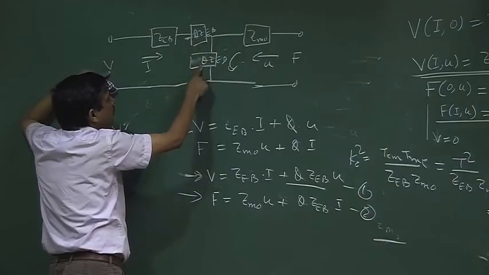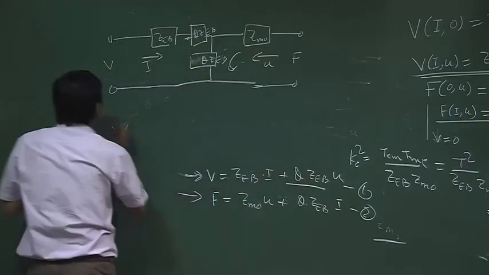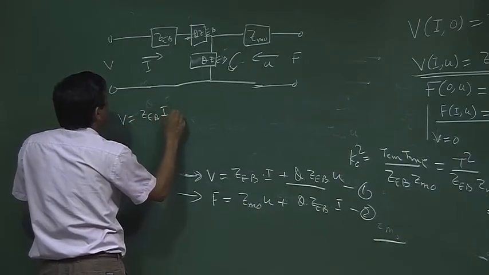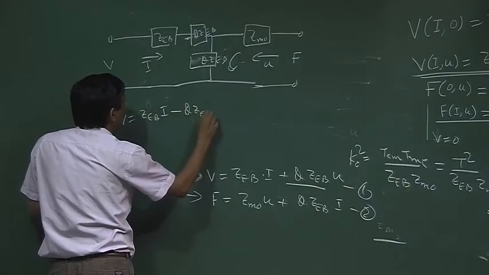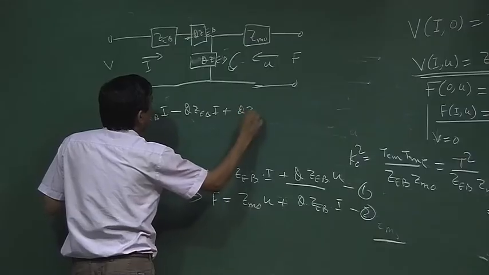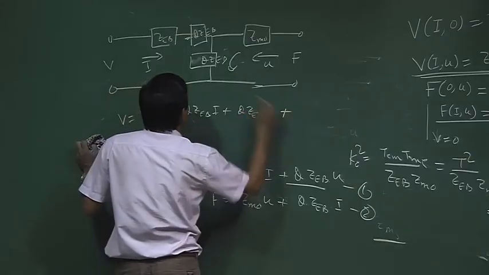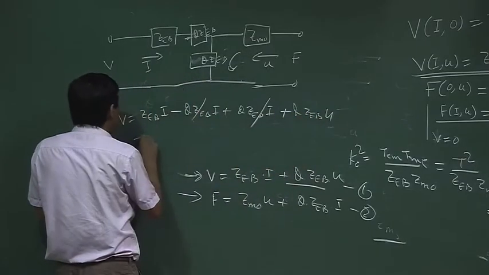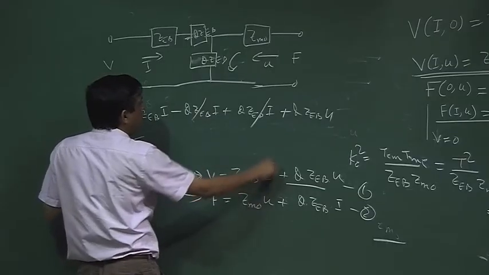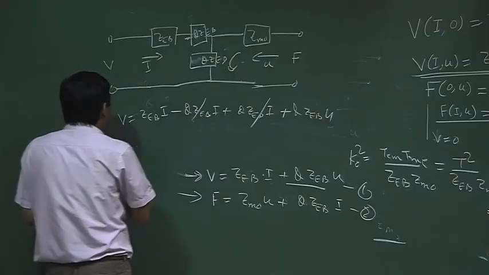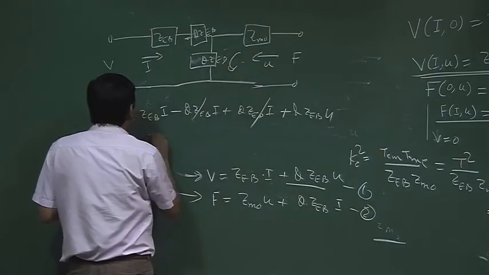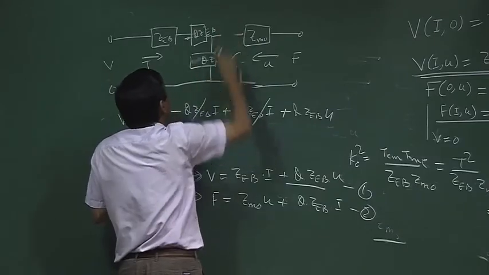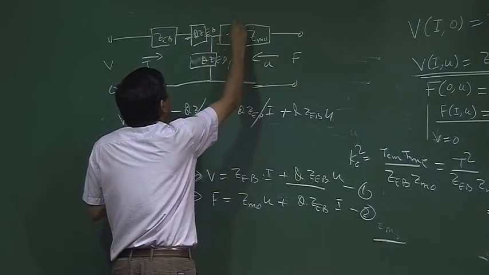So, if I write V, V is equal to ZdB into I minus phi into ZdB I plus phi into ZdB I plus phi into ZdB U. So, this cancels, and I get the equation ZdB into I plus phi into ZdB U. Similarly, if you look at the force, F is nothing but ZMO into I plus, so I have to put another impedance here which is minus phi ZdB.